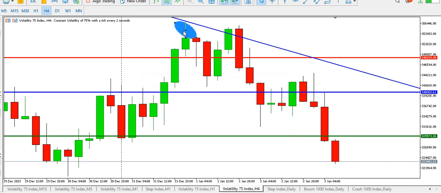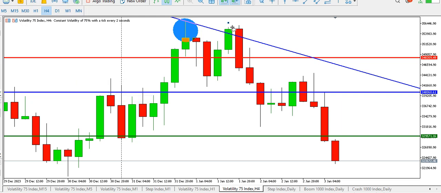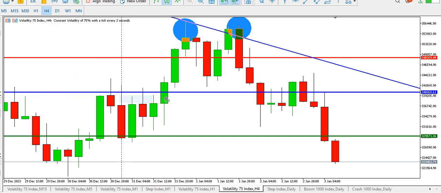Okay, we have the left shoulder around here. We have the head, this is the head, around here. All right, we can see the right shoulder around here, and price is getting set for more drop downwards.